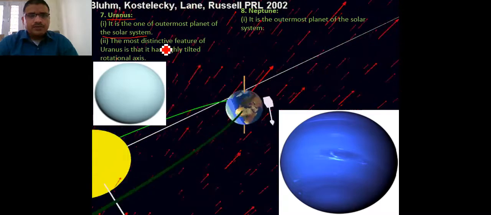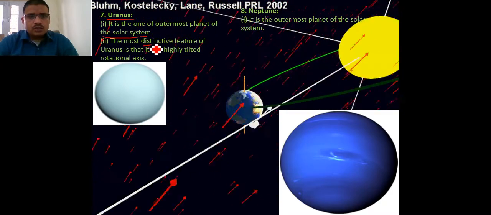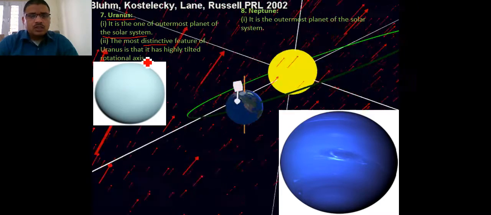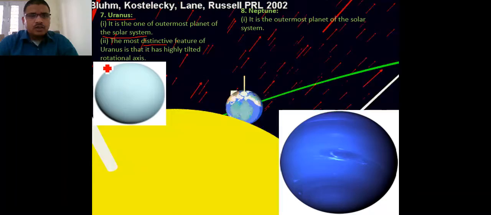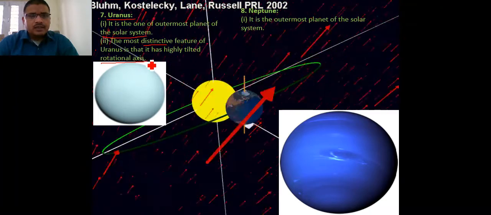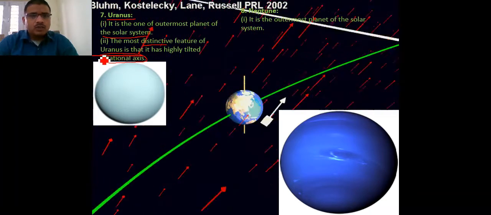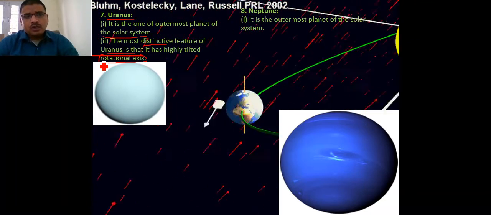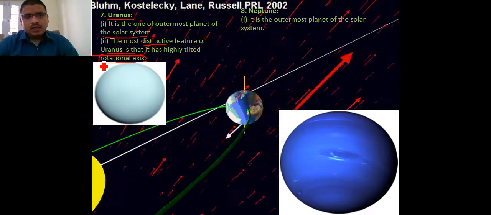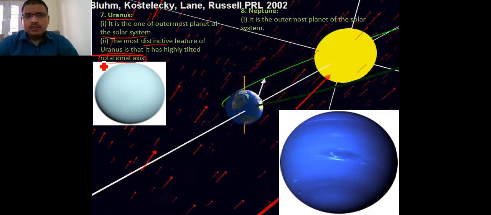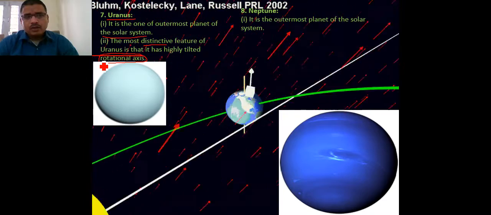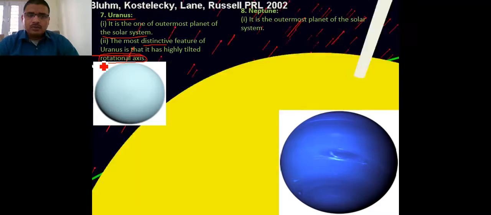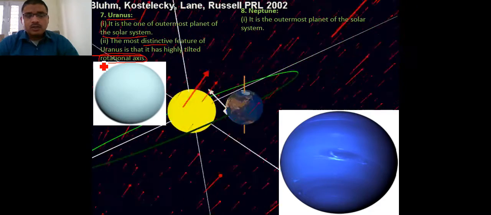The most distinctive feature of Uranus is that it has a highly tilted rotational axis. If we talk about the Earth, it rotates on its axis, and it is slightly tilted.